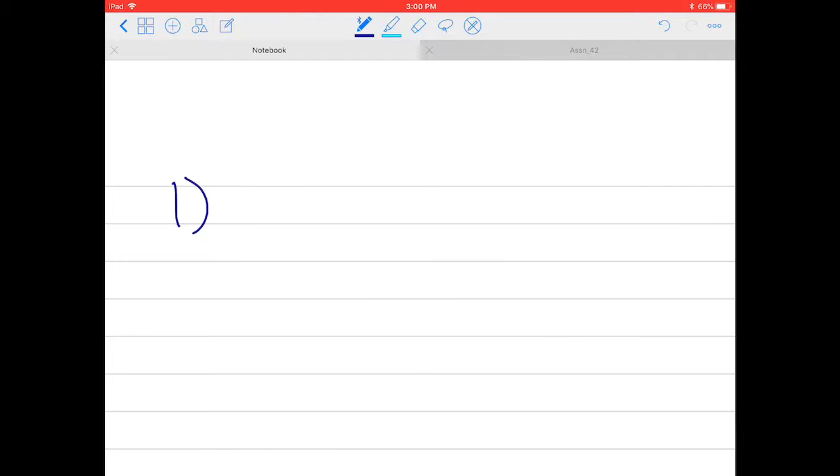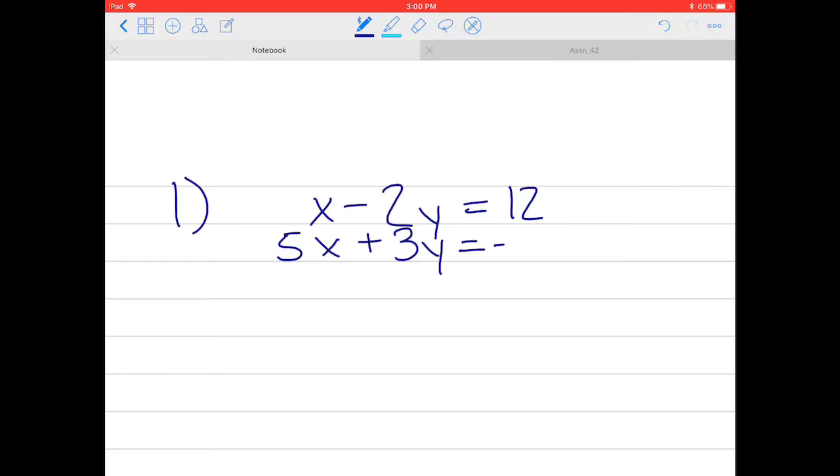All right, number 1 says x minus 2y equals 12, and 5x plus 3y equals negative 44. So when we're doing elimination, the whole point of elimination is to get rid of one of your variables.